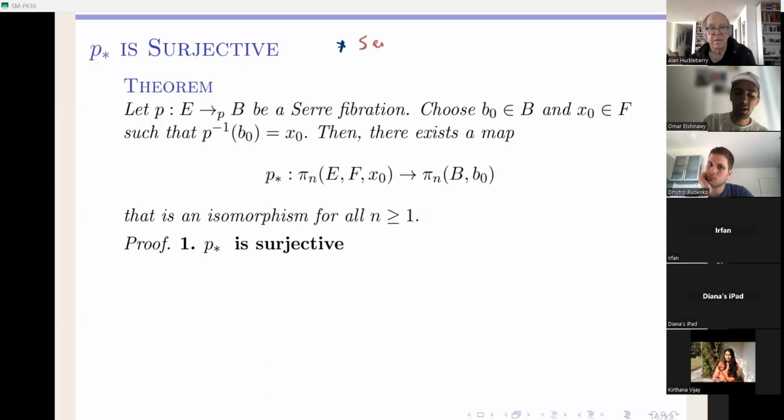If it's a Serre fibration, then it satisfies the homotopy lifting property for all CW complexes.